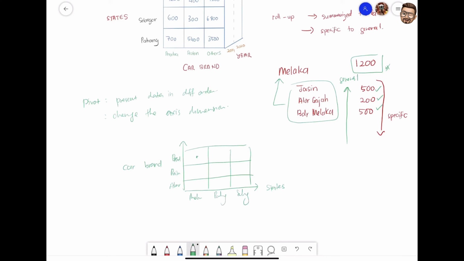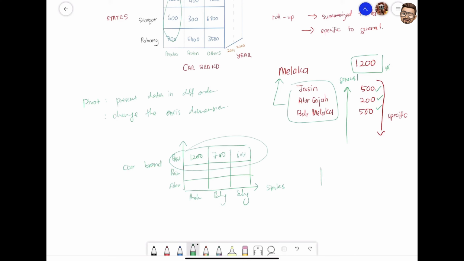So of course the data inside the cells will be different. In Melaka, Perodua is 1200. In Pahang, Perodua is 700. For Selangor, Perodua is 600. So just now you had something like this, but since you changed the order, it is a little bit different. So that's what we call pivot.